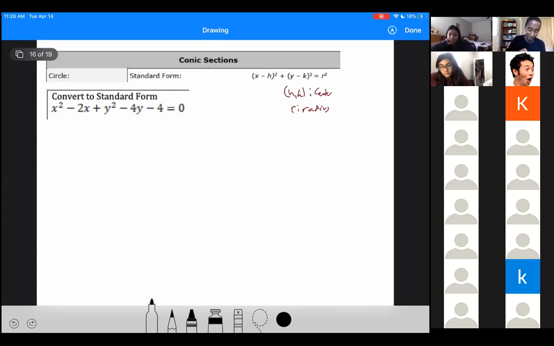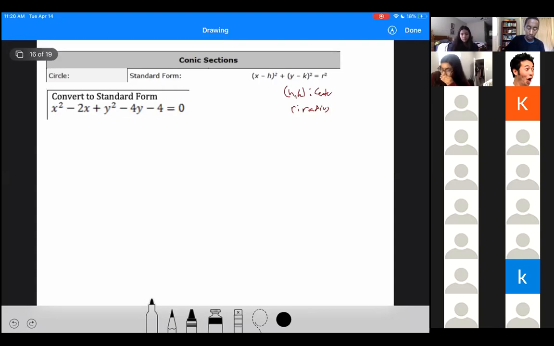Okay. So when we're wanting to get this to this form, we're going to complete the square. Okay? So first we need to make sure it's written in order. So you have your x's and then your y's. Okay? So what we're going to do is, let's actually move, actually we'll leave it there, it's fine.